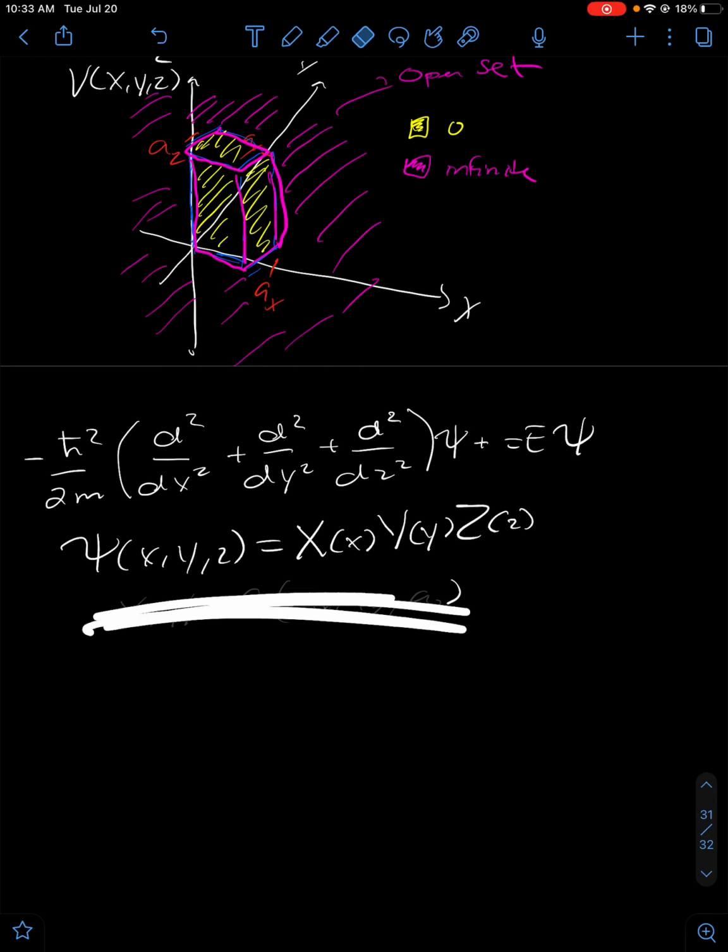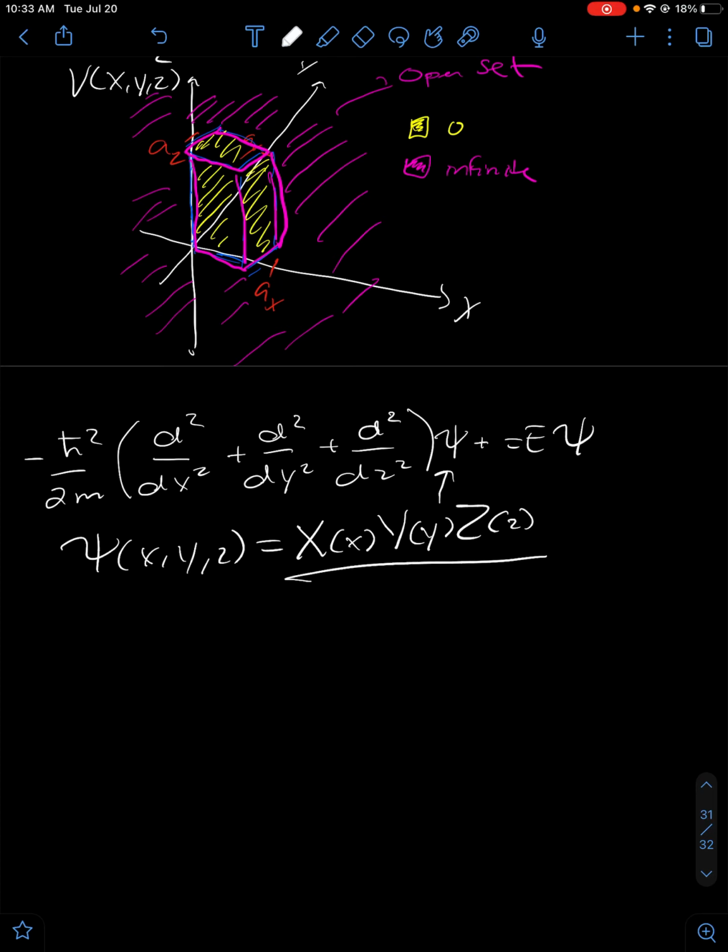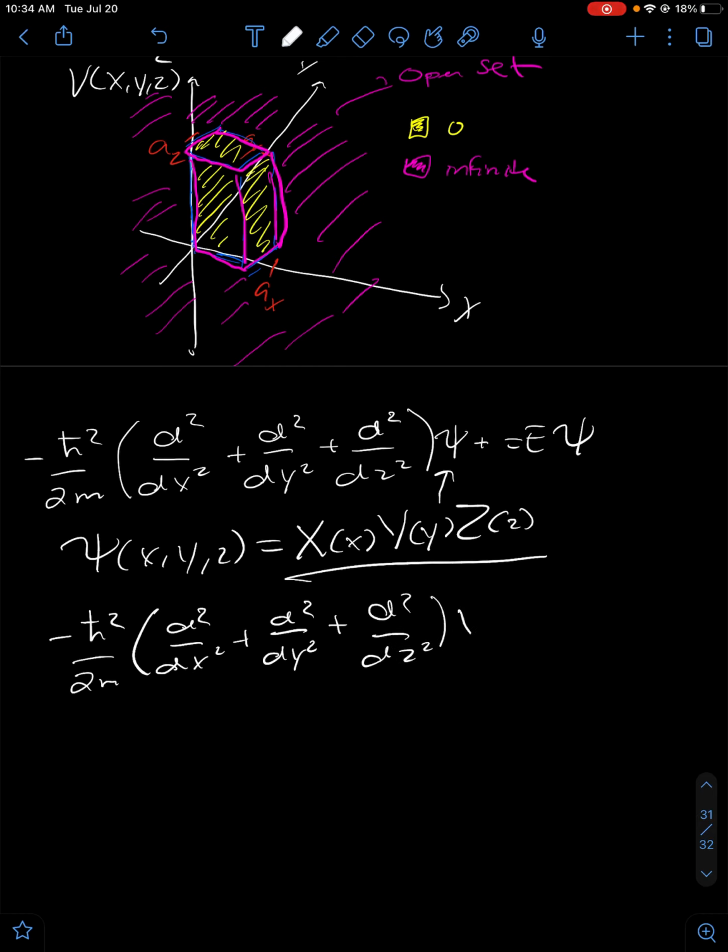Let's make this substitution for psi, and we get minus h bar squared over 2m times this plus this plus this, equals E times X Y Z. Alright?